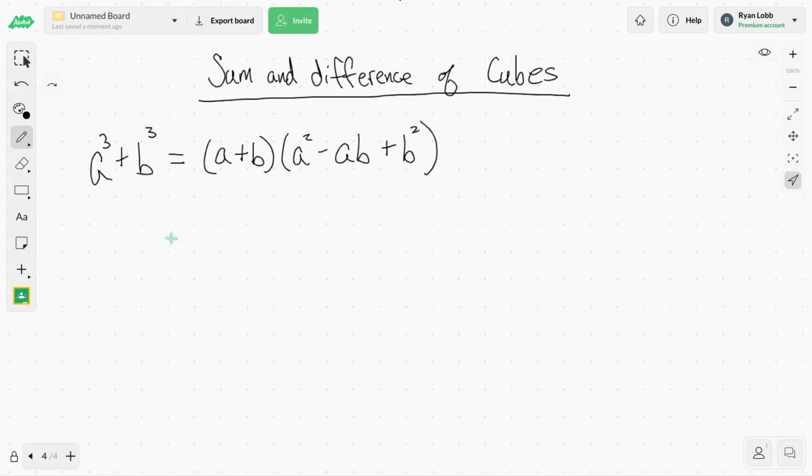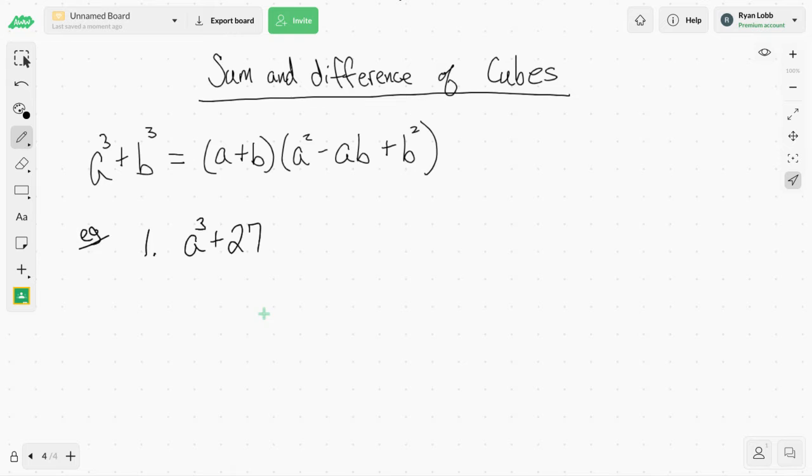Okay, so a couple examples here. All right, so for example, let's start with a cubed plus 27. So let's say we're factoring a cubed plus 27.